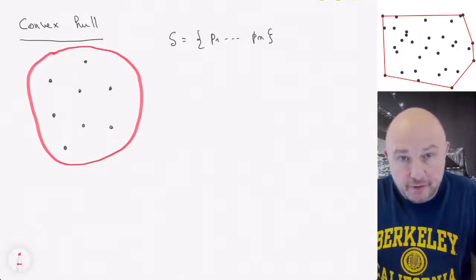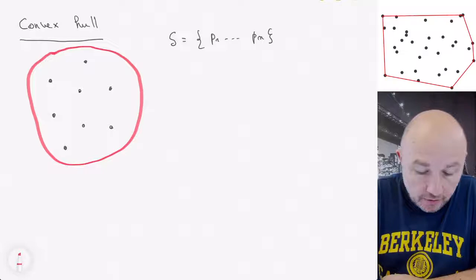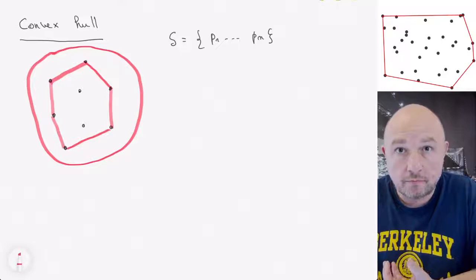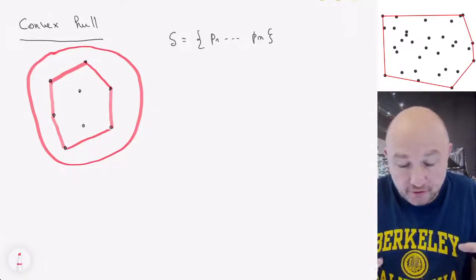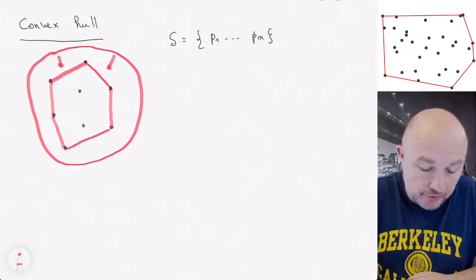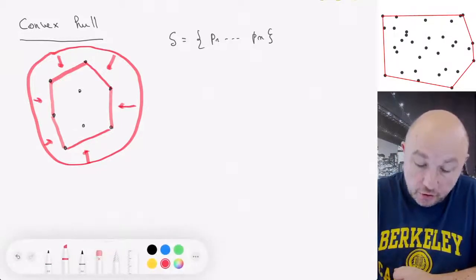So the spring is going to contract, and at some point is stopped by a certain number of the points, which in fact, those points that touch the spring when it contracts like that are the points of the convex hull of the set of points.